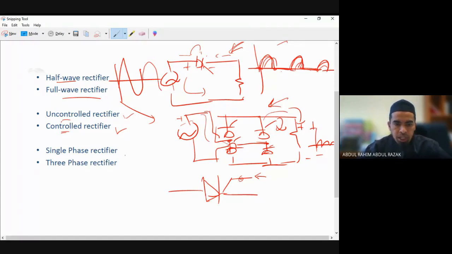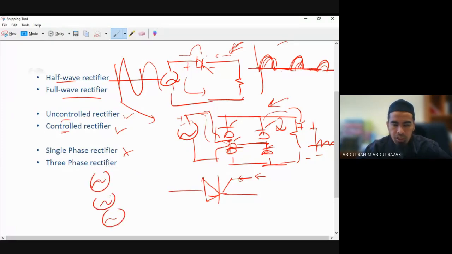Okay, what do we mean by a single phase rectifier? This is a single source, single phase, so this is a single phase rectifier. What about a three phase rectifier? A three phase rectifier is a rectifier that rectifies the three phases of our source.